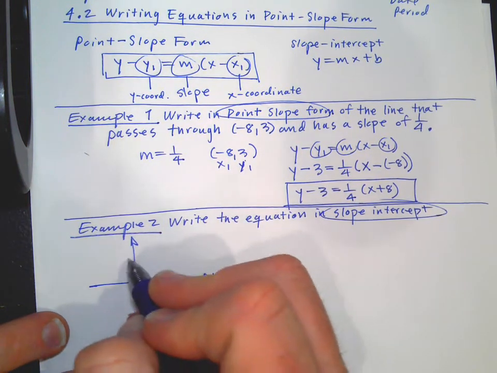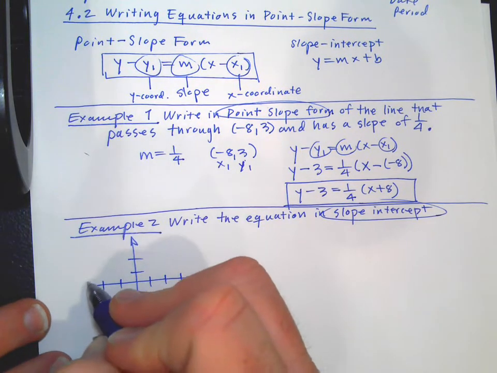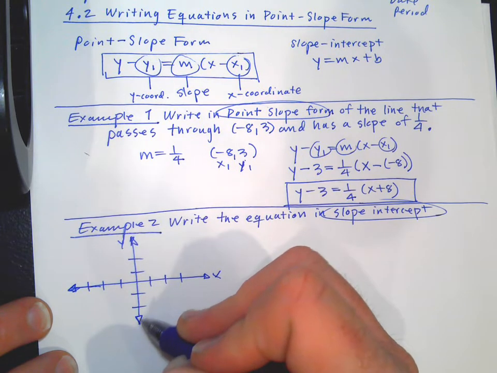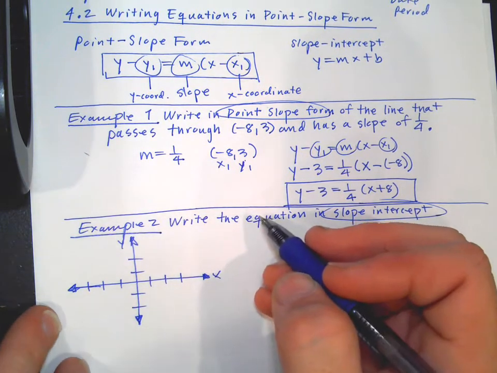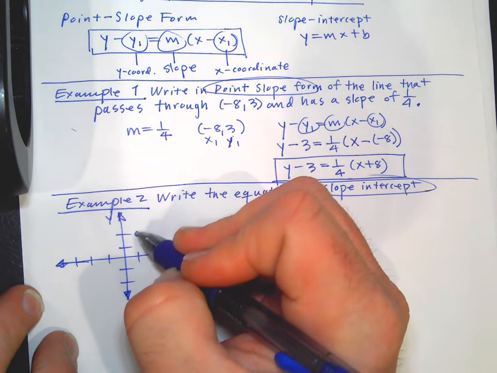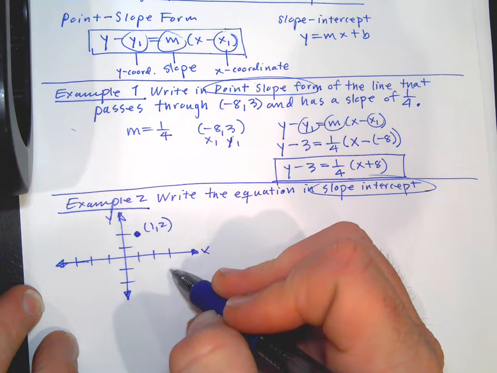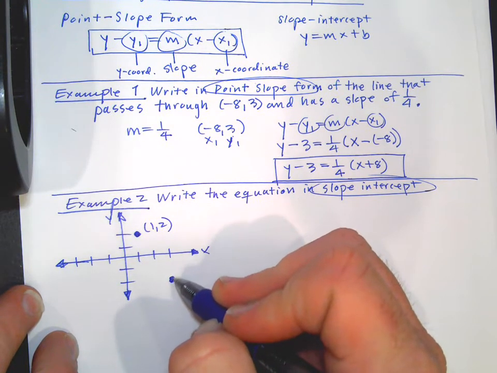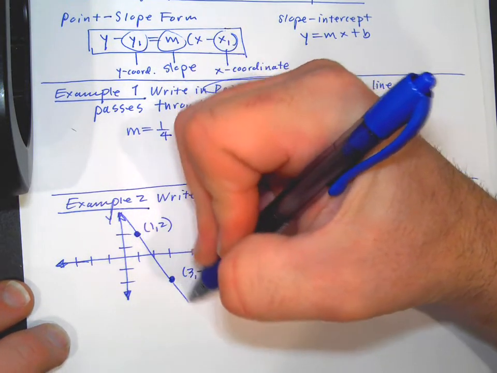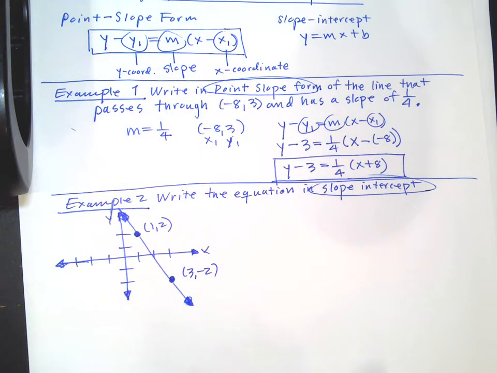So you would be given this picture already done. And so (1, 2), I'm going to give you this point on the line already. And then we'll do (3, -2). So we'll say that that point is known. And these would be labeled already in the picture. And then it's going to be a straight line connecting them. So that would be given to you.